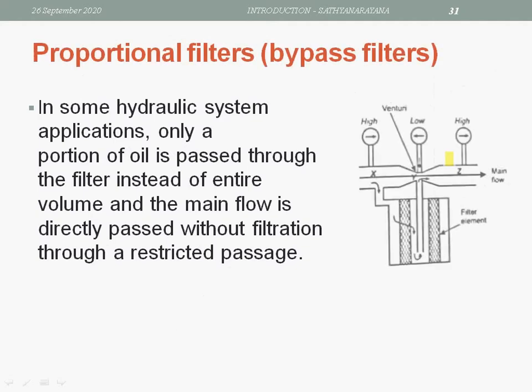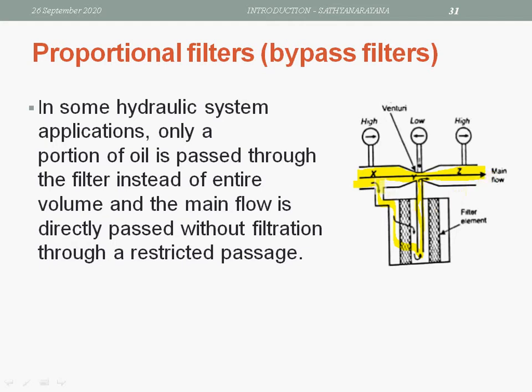Whereas in the case of the proportional filter, only a small portion of the oil is filtered out, and that is sent again along with the full flow, whatever is going from cross section X to Y to Z. In regular operation, the complete hydraulic fluid flows from X to Y, Y to Z with the help of a Venturi.